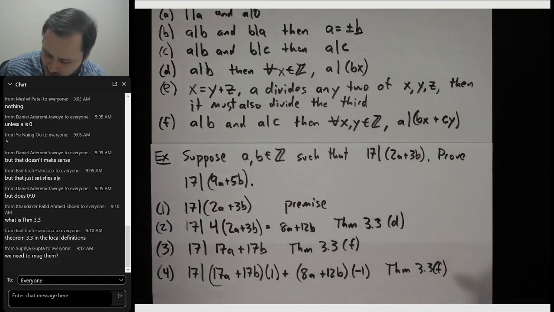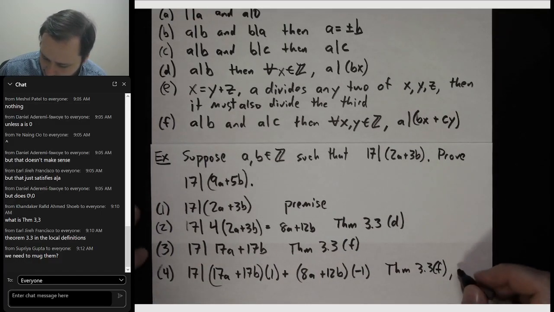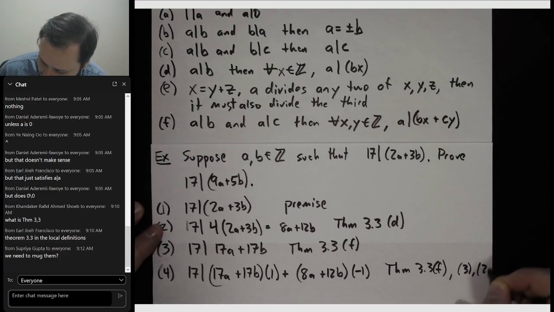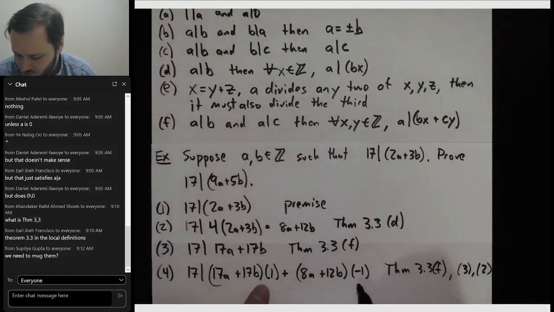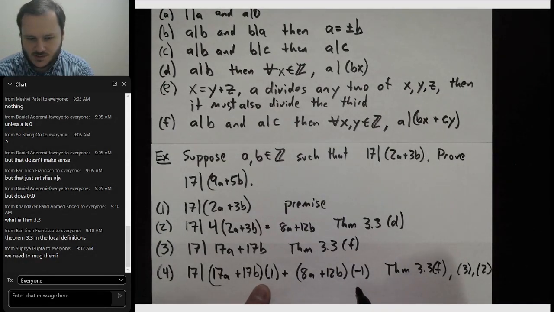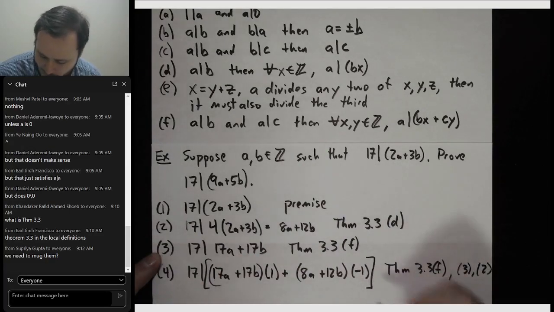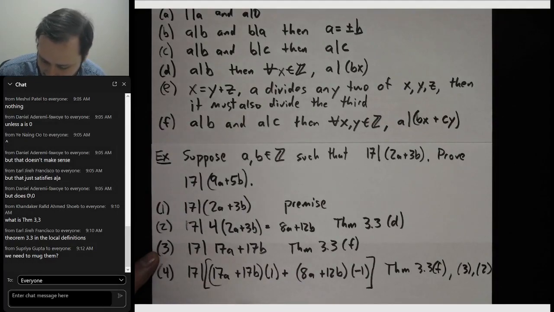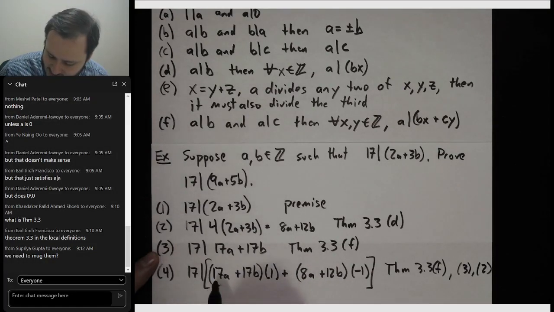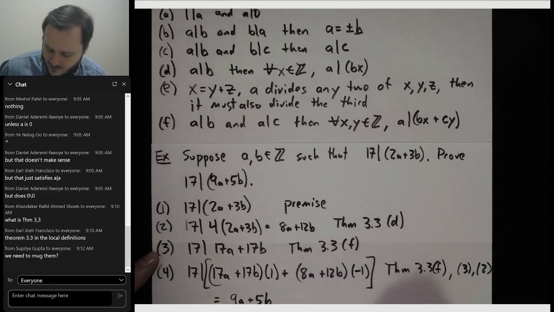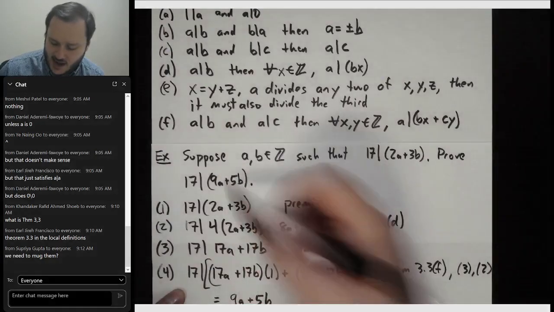I know it divides this thing by line 3, and I know it divides this thing by line 2, so I can use theorem 3.3f with those two numbers. And, like magic, because I worked everything out ahead of time, 17 minus 8 is equal to 9, and 17 minus 12 is equal to 5. So I have proven that 17 divides 9a plus 5b.